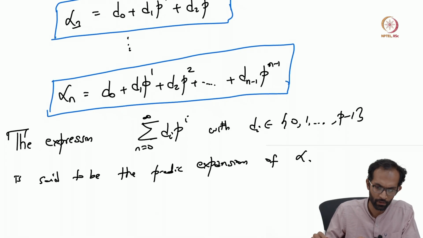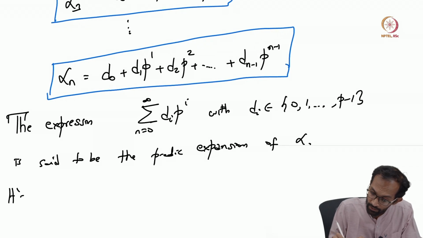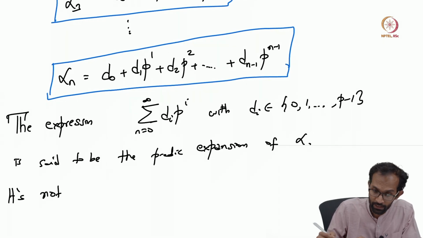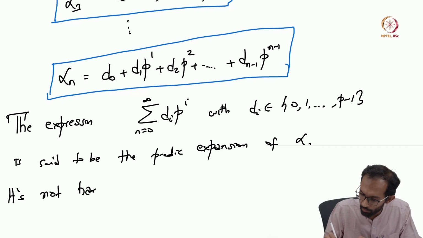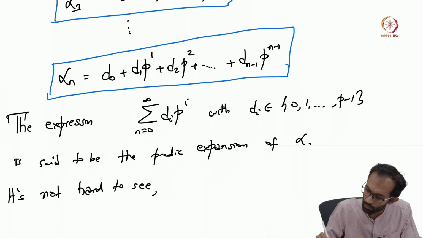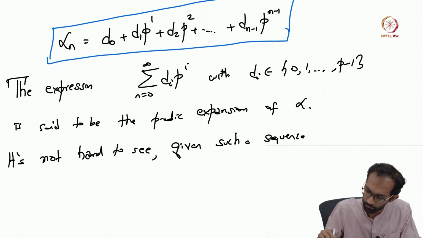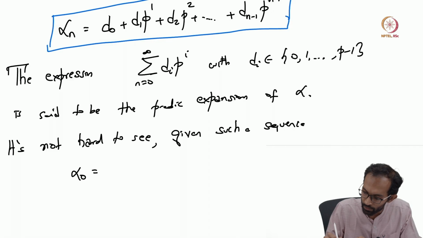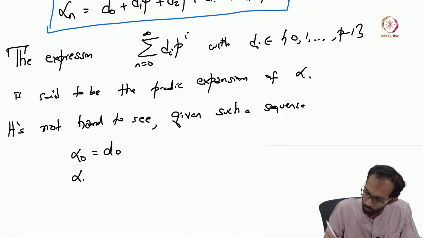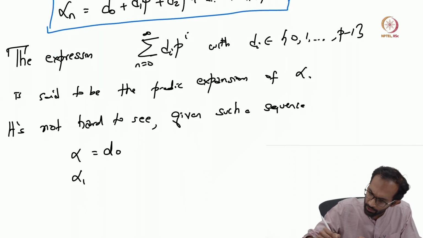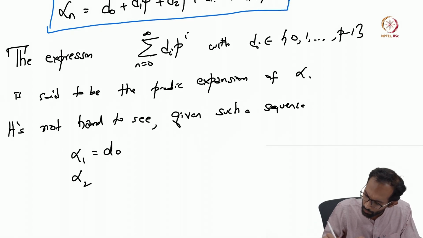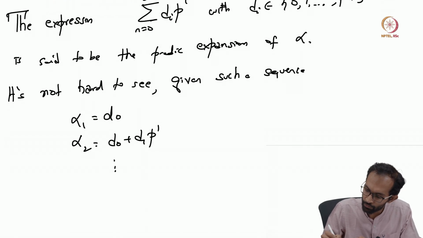Okay, and it's not hard to see that given such a sequence, where you have alpha 0 equals d0, alpha 1 is d0, alpha 2 is d0 plus d1 p1, and so on and so forth.